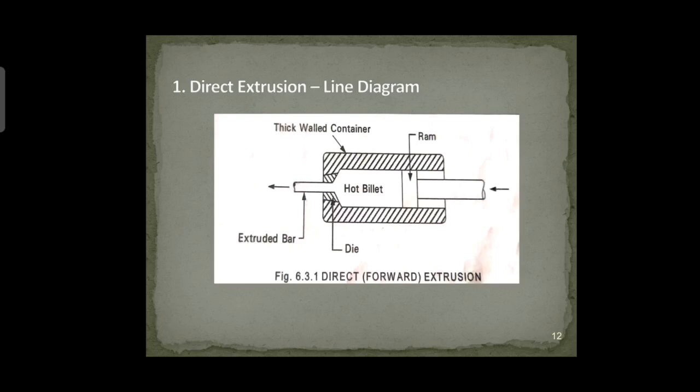The remaining you can observe is a ram, moving forward, just as you move your right hand to the left side, and you observe how the extruded bar is also coming, also moving in the forward direction. The movement of the ram and the movement of the extruded bar are both in the same direction, the forward direction, so we call it the direct or forward extrusion process. By the application of pressure on the ram, we are forcing this hot billet which is placed inside the container.